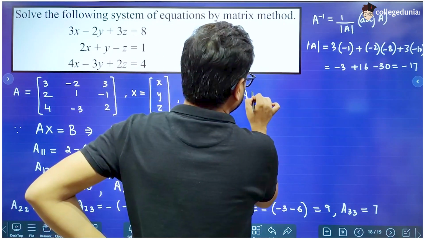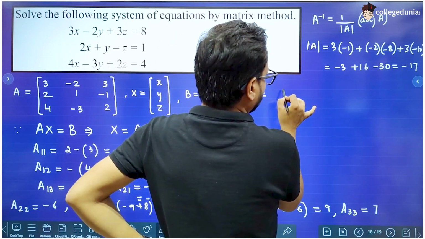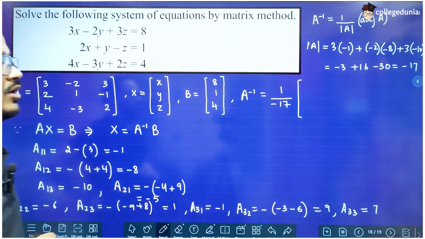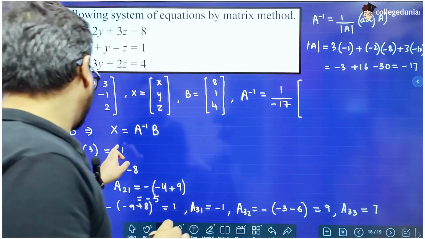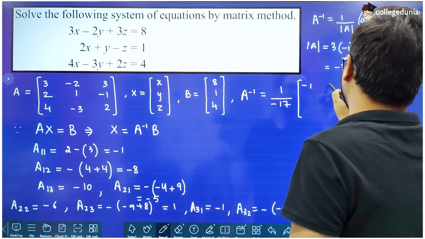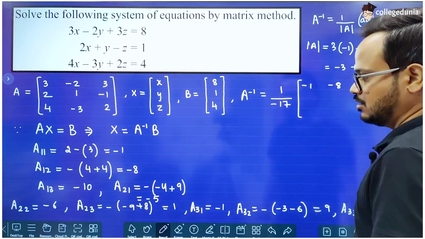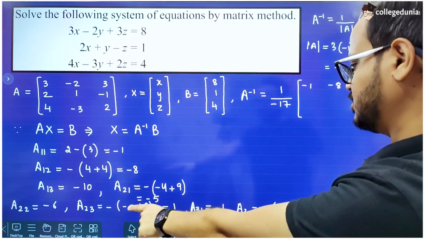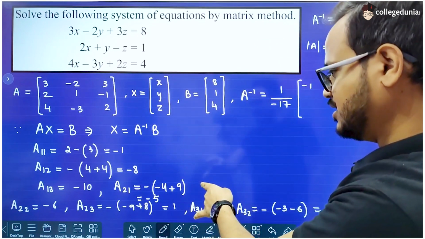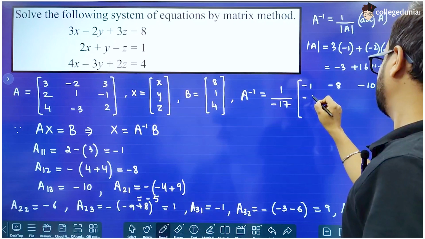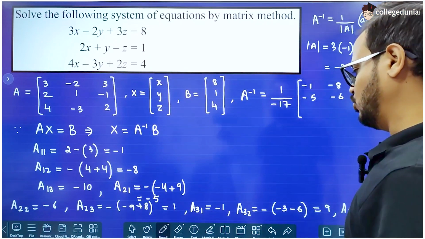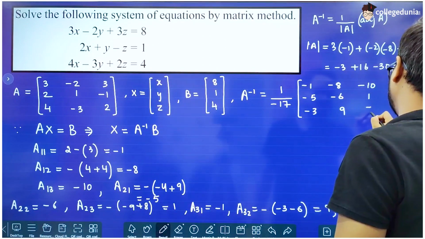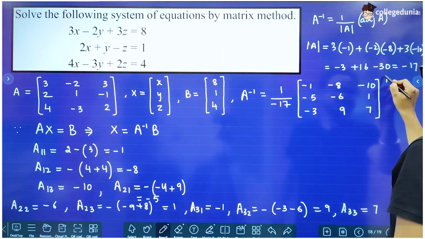Now let's write the inverse directly. 1 upon minus 17 into minus 1 minus 8 minus 10, minus 5 minus 6 1, minus 3 9 7, transpose.